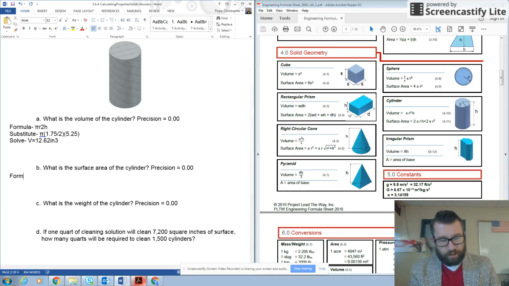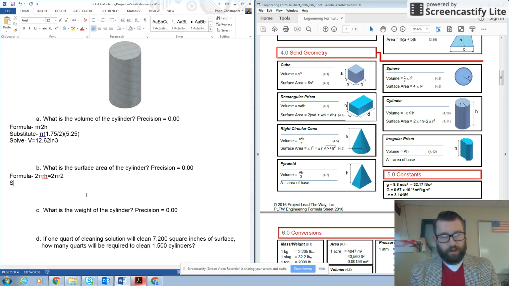So again, I'll type in my formula: 2, alt 227 for pi, r, h, plus 2, alt 227 for pi, r squared. There's my formula for surface area.